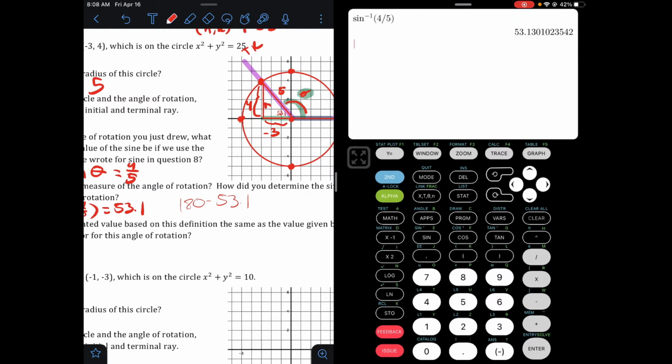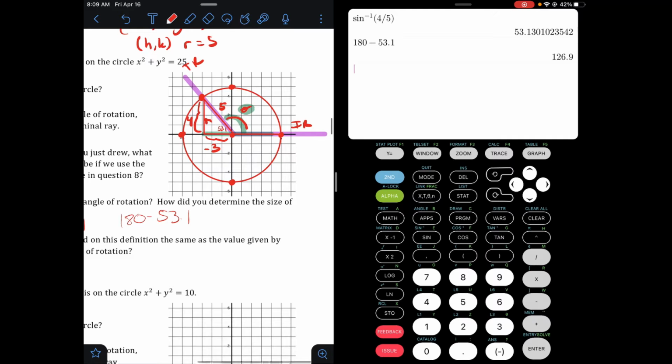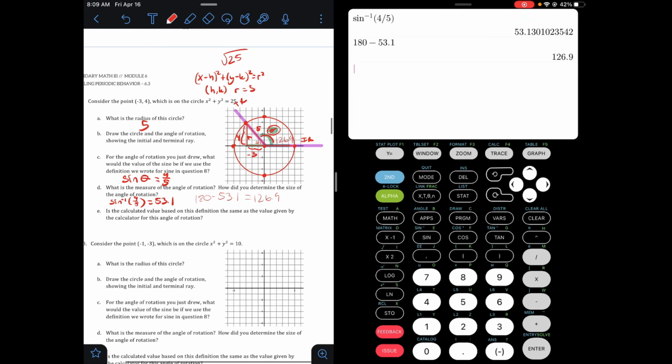All right, so when you do that, 180 minus 53.1, you get 126.9. So we were able to figure out the value of this guy is 126.9.